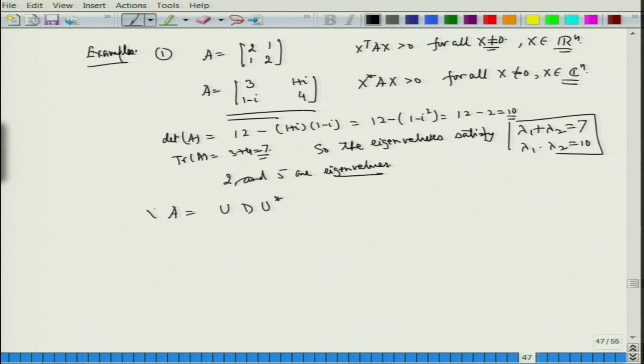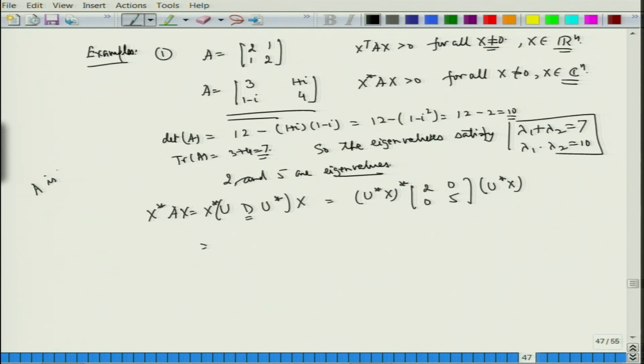So when I want to compute x star Ax, I am looking at x star u d u star x. So I can write it as (u star x) whole star, d here for me is 2 and 5, and u star x. Fine. I do not know what u is, but what we know is that every Hermitian matrix is diagonalizable.